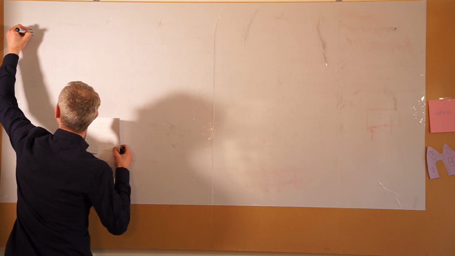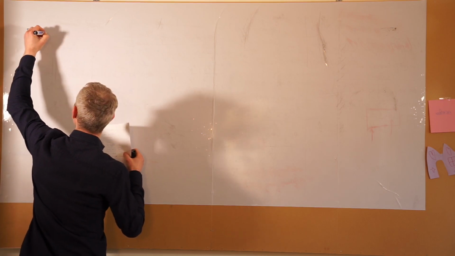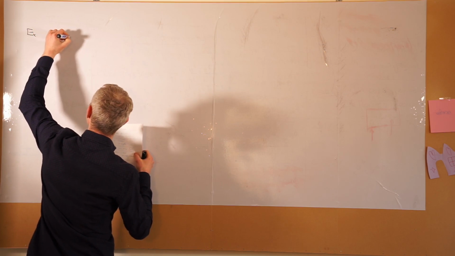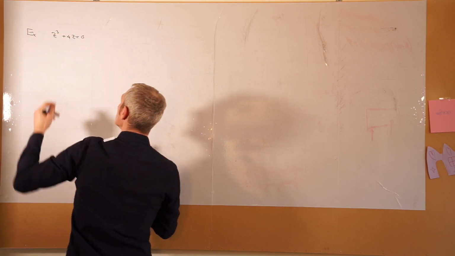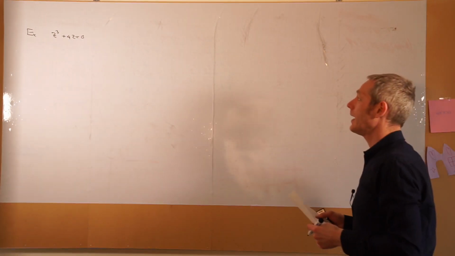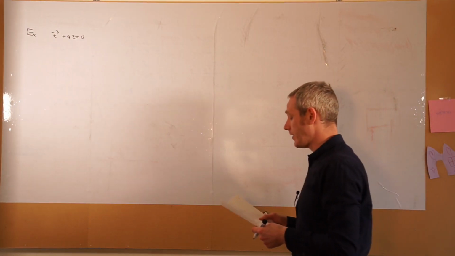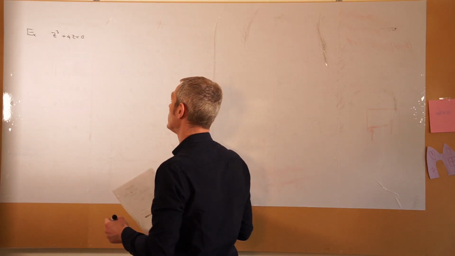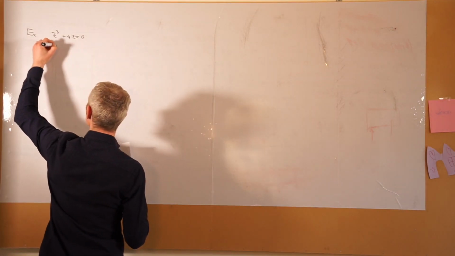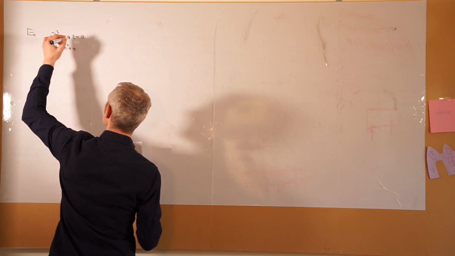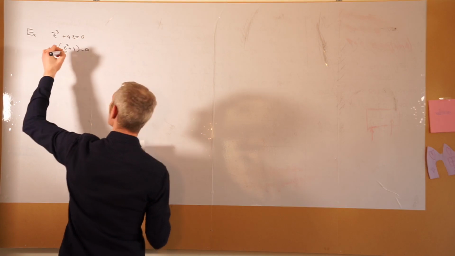We have, as an example, z to the power of 3 plus 4 times z equals 0. Now this is a third order equation, and we would like to find the values for z for which this equation holds. But we can rewrite this as z times z squared plus 4 equals 0.